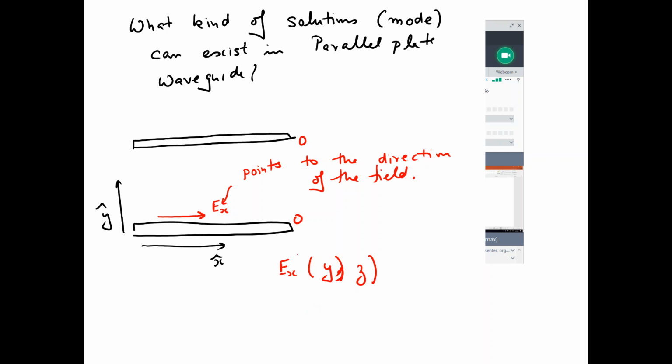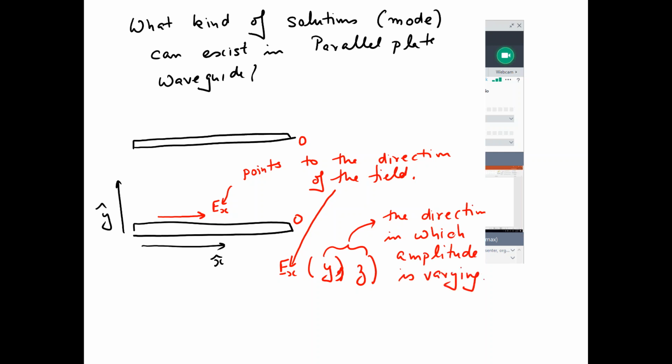So there is going to be a variation in y direction in the amplitude. Again, remember, this subscript as we write it is pointing to the direction of the field. The values we are writing in the arguments of the function are the directions in which amplitude is varying. How is that function going to vary?